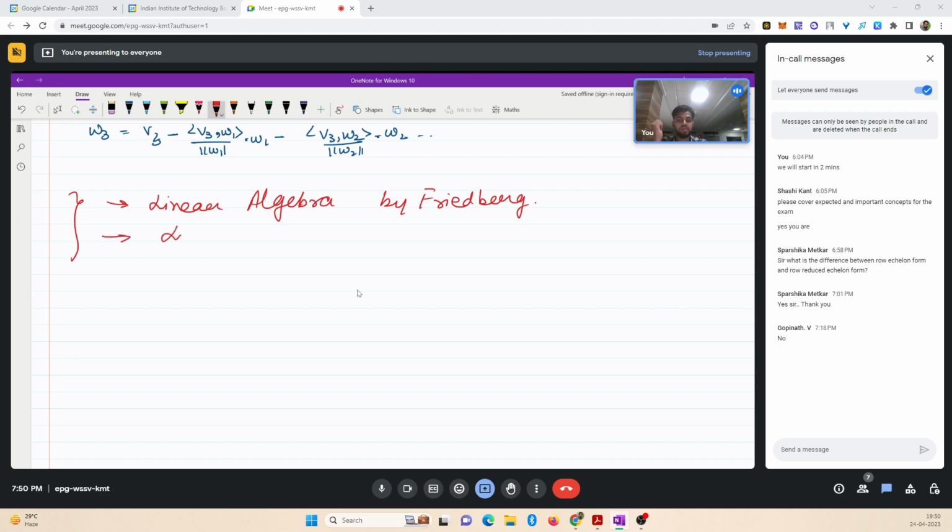Another book is Linear Algebra by David C. Lay. Okay. This book is more simply written, and the questions are more focused on numerical questions, and you will find a lot of numerical computations being carried out in examples.